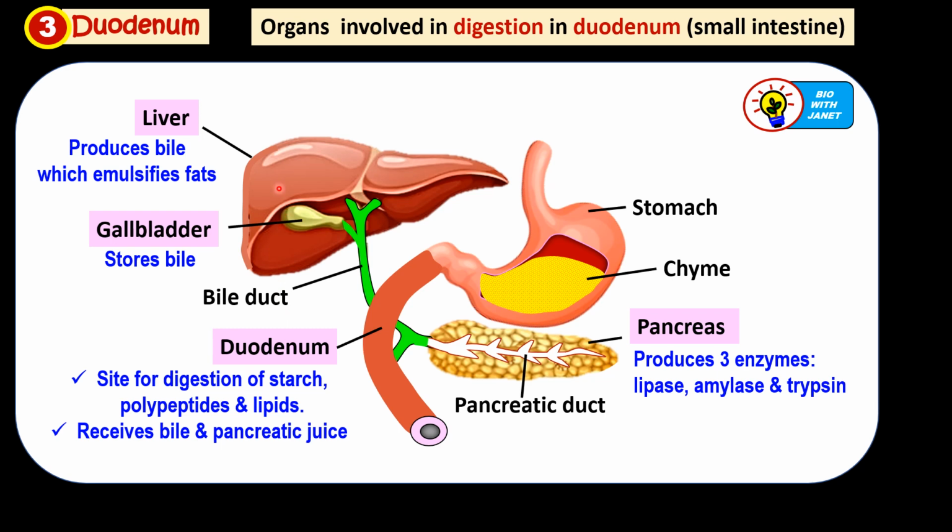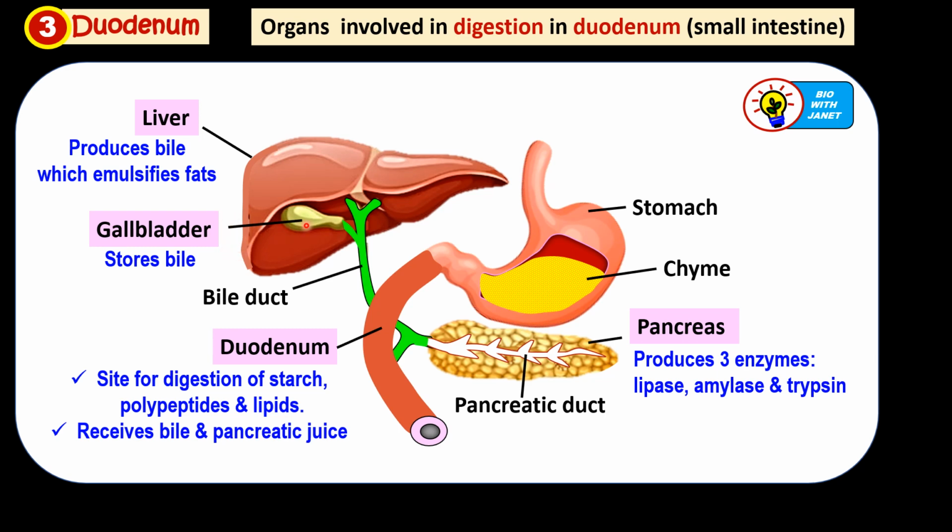Right, so this picture shows the organs involved in digestion in the duodenum, which is the first part of the small intestine. The duodenum is connected to 3 accessory organs that help it to carry out digestion. Firstly, the liver produces bile, which emulsifies lipids and breaks down the lipids into smaller droplets. Next, we have the gallbladder that stores the bile.